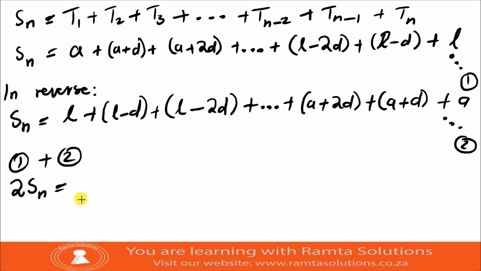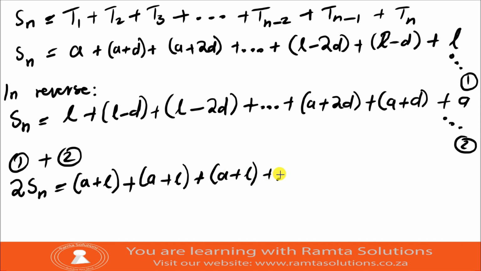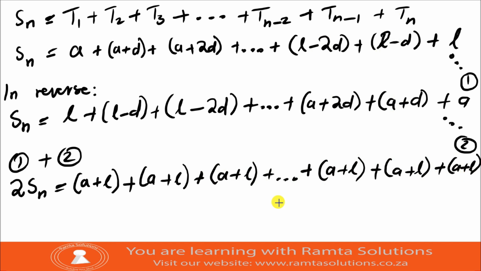If I add the first terms, I will have a plus L. If I add the second terms, I will have a plus L, d minus d, so I still have a plus L. Here, 2d minus 2d, a plus L. So I will still have a plus L plus ellipsis, and even here, this plus this is a plus L. Lastly, a plus L.